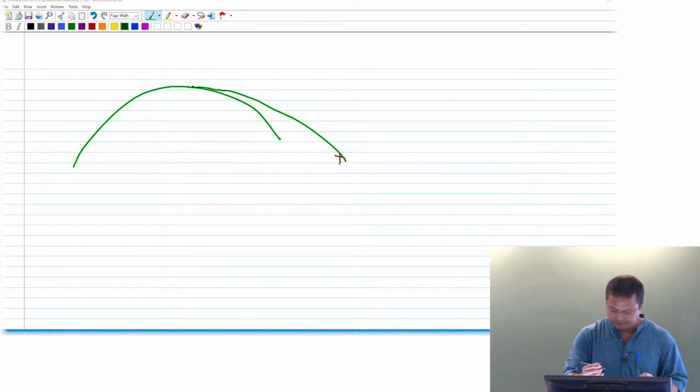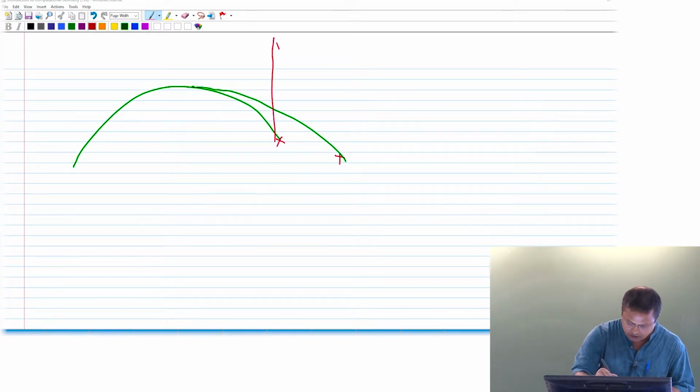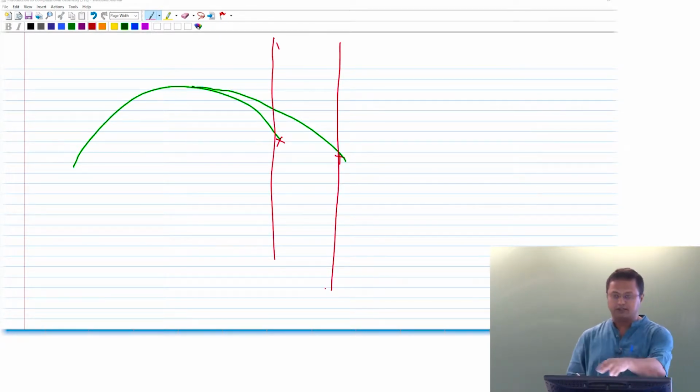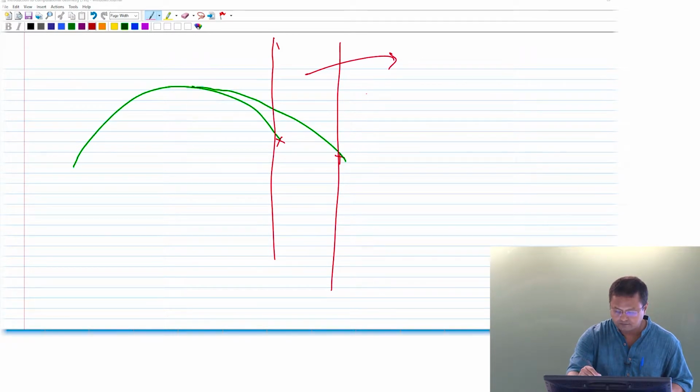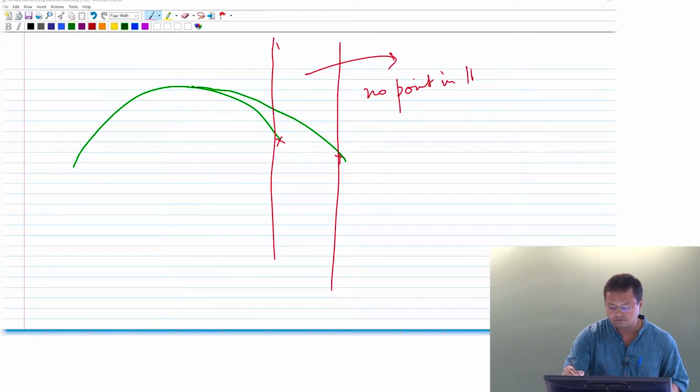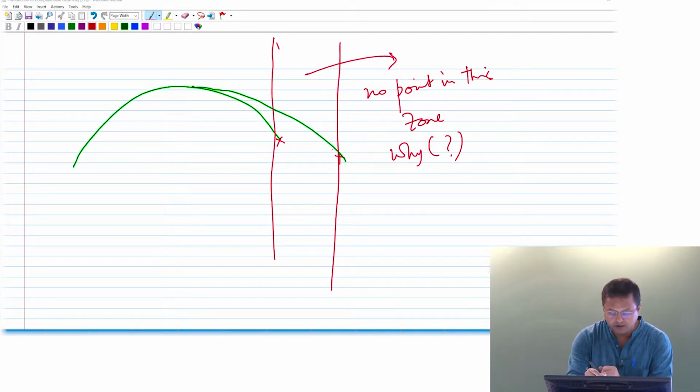And mind you, there is no point in this zone, agreed. Why? Because this point was the immediate next point to this one.